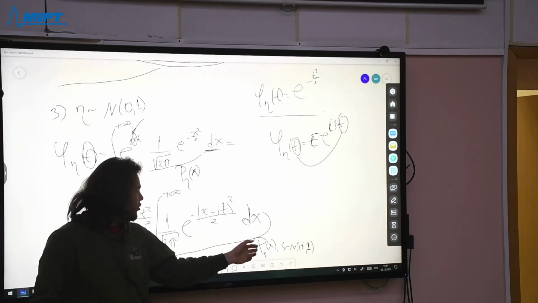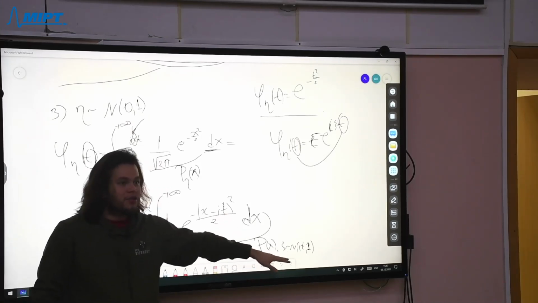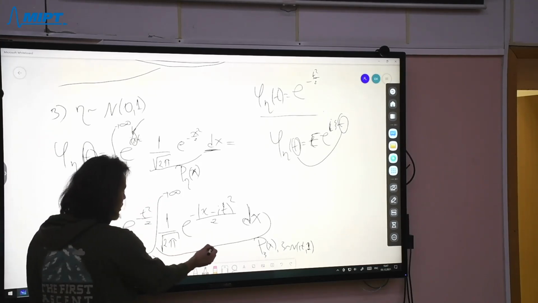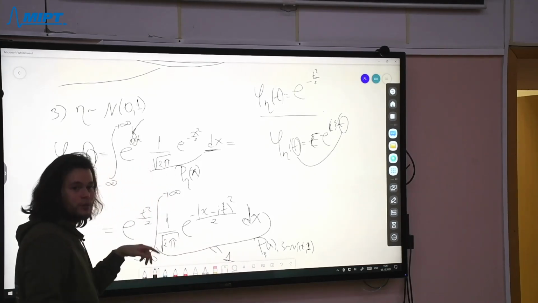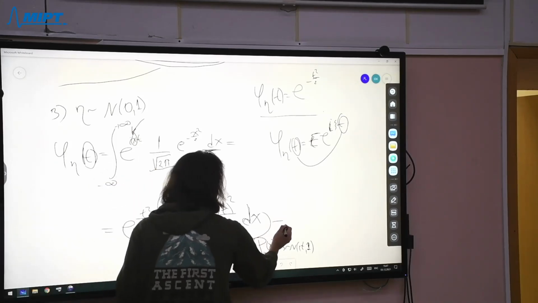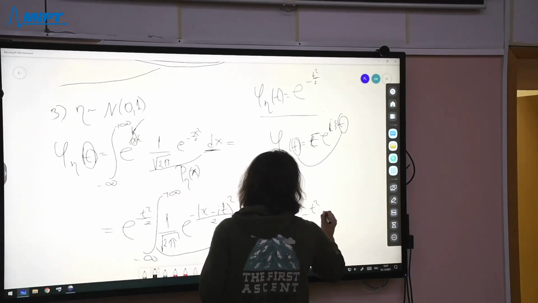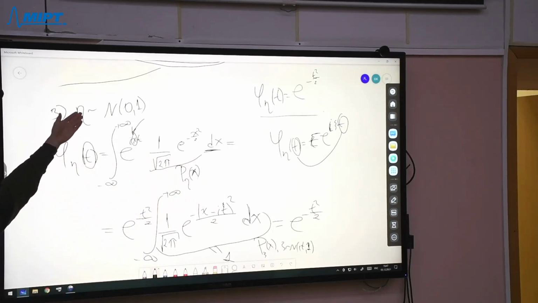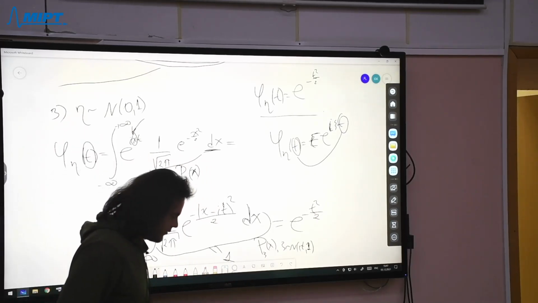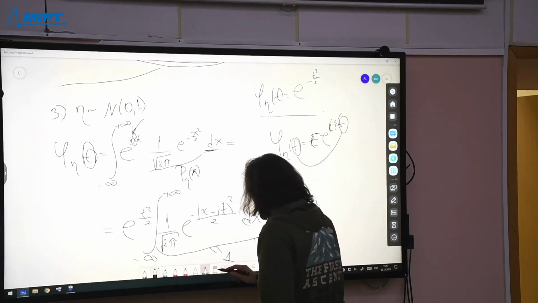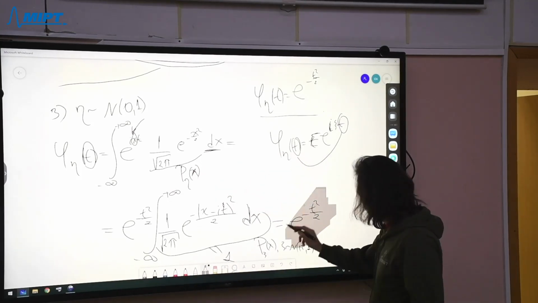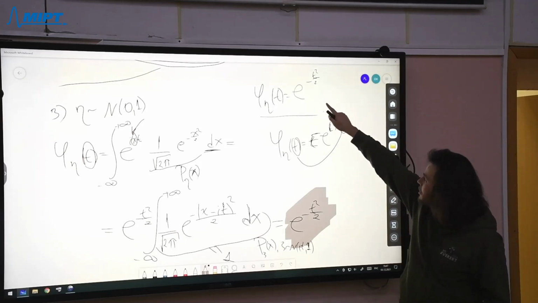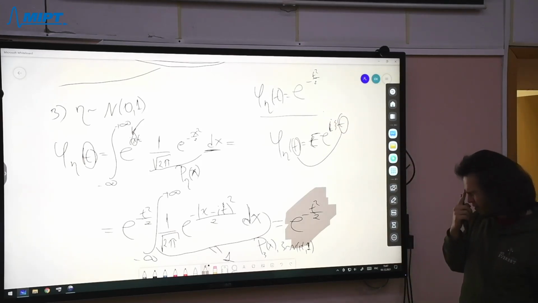Since this is the density of some random variable, the integral from minus infinity to plus infinity is just 1. So all of this is 1. At the end we get e to the minus t squared over 2. And this is the characteristic function of eta. Very important, because we need it to prove the central limit theorem.